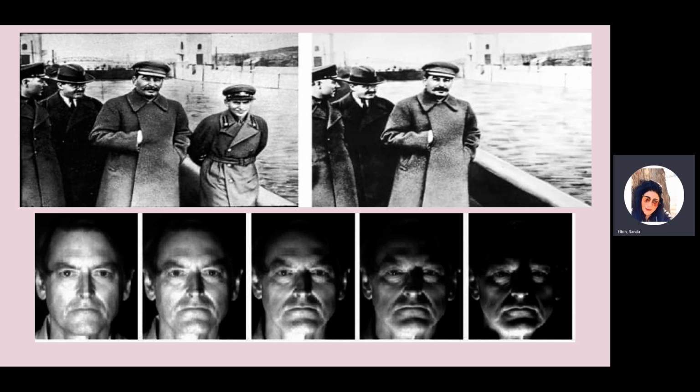So in the upper ones, clearly there is a figure up there that is missing in the other photograph. So there's eliminating content, adding content, and then the lower one really depicts a photograph that has been edited based on different lighting effects. And how does the different lighting make us feel?